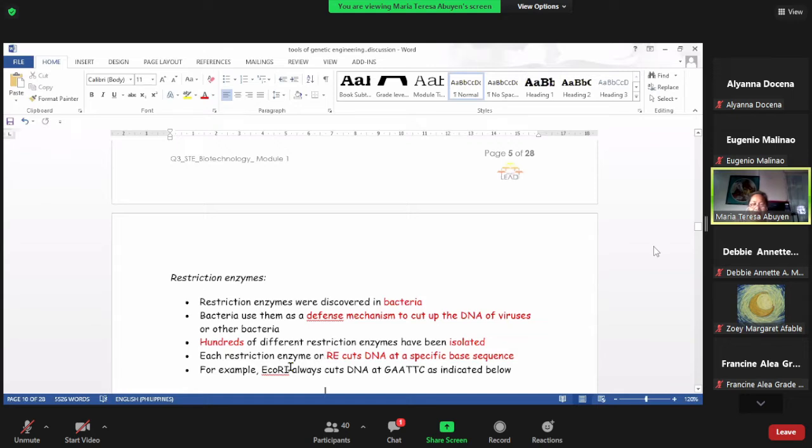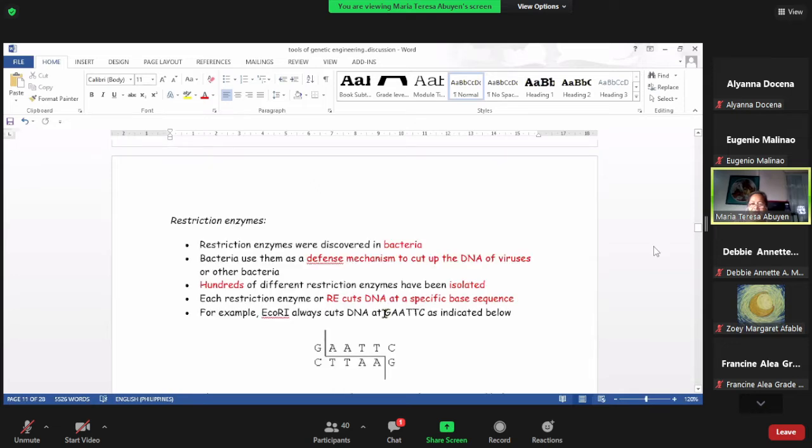For example, EcoR1 cuts DNA at this specific sequence, GAATTC. Remember this, class. Since the enzyme is very specific, it only cuts this base sequence, GAATTC.